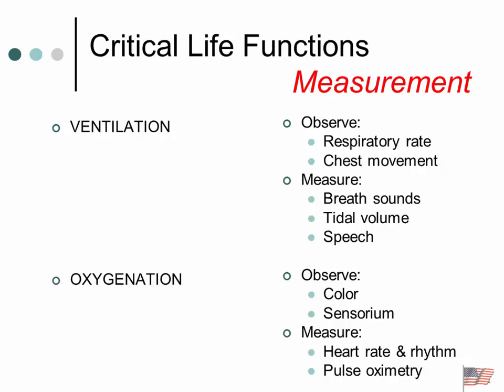For oxygenation, we can look at their color. It's not always a good sign, but sometimes it gives us an idea. We can also look at their sensorium. Are they alert? Are they confused? Are they unconscious? And as far as oxygenation, we can also measure their pulse oximetry.